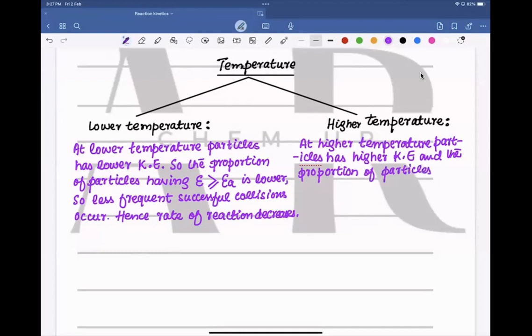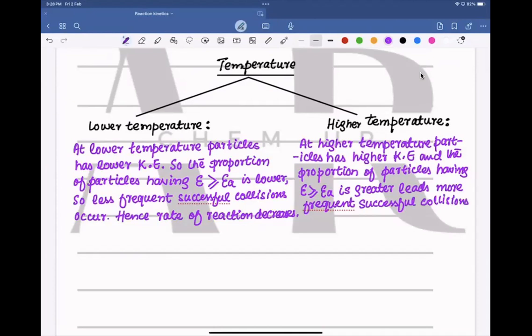So the proportion of particles having energy equal to or greater than activation energy is greater, which leads to more frequent successful collisions, hence the rate of reaction increases.